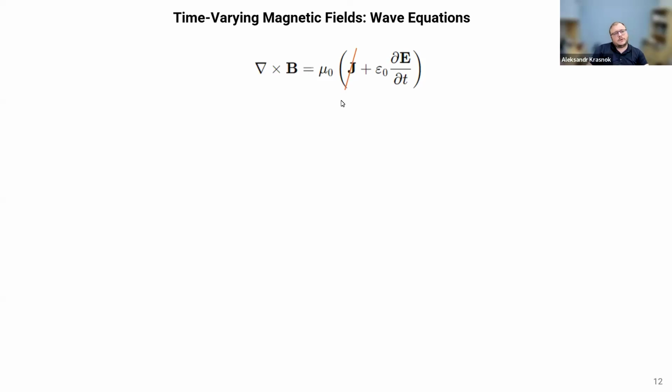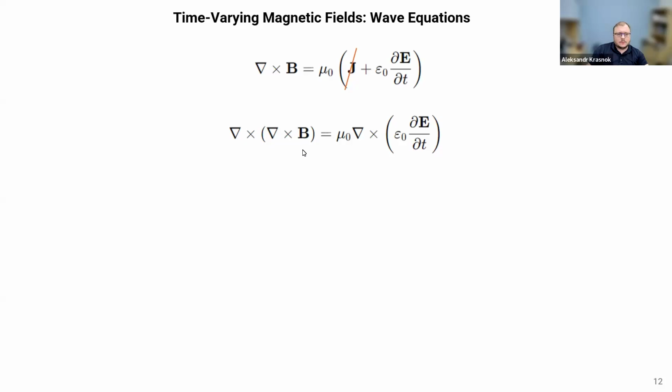So let us consider a system without currents. It can be free space. So I take this Ampere's law and just cross out the term with the current. And then I can take, for example, the curl of this resulting equation. Why not? Taking the curl leads to this new equation.